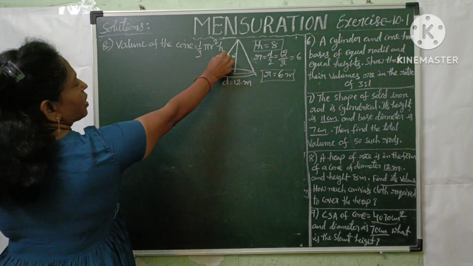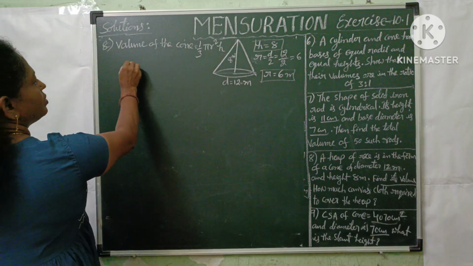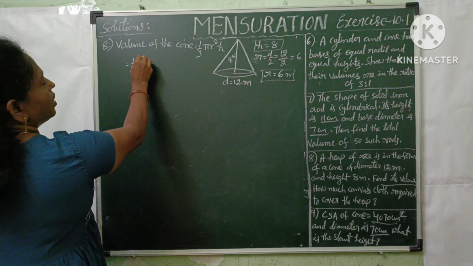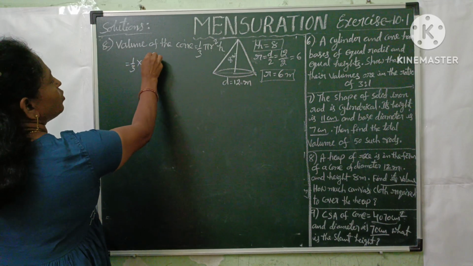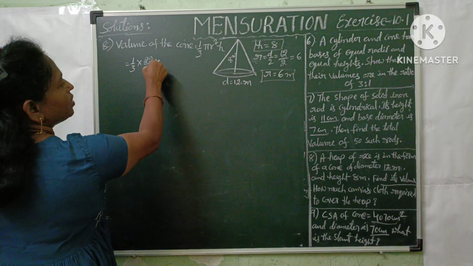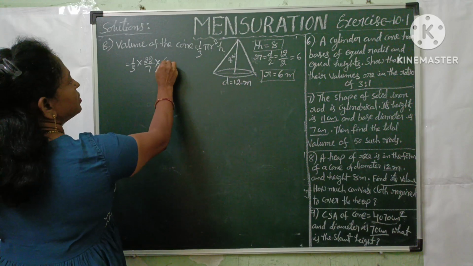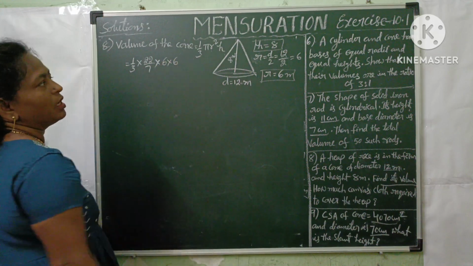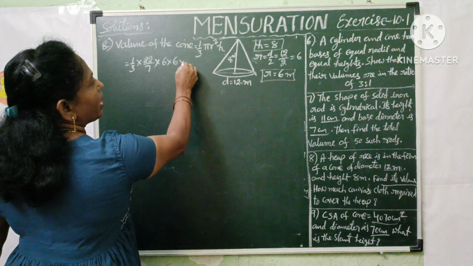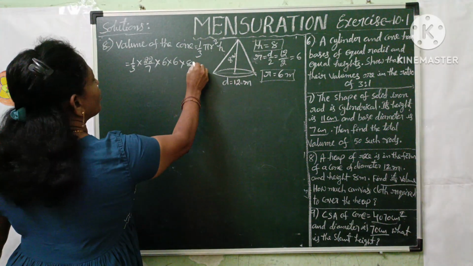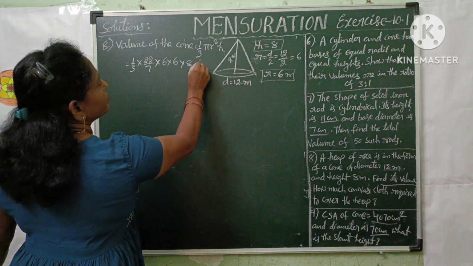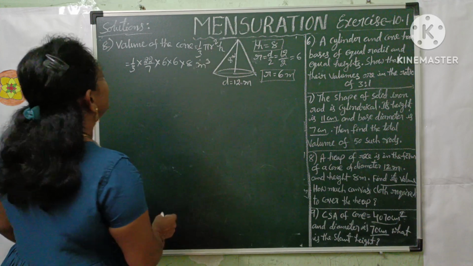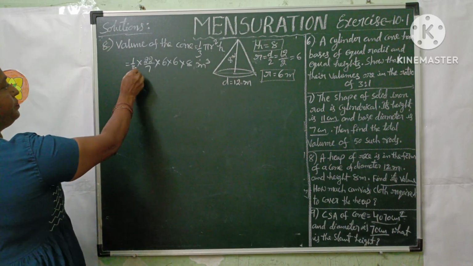Already we know here radius and height. That is equal to 1 by 3 into 22 by 7 into r is 6, r square means 6 times 6, into height is 8. Volume in meter cube, meters units. So any cancellation here?